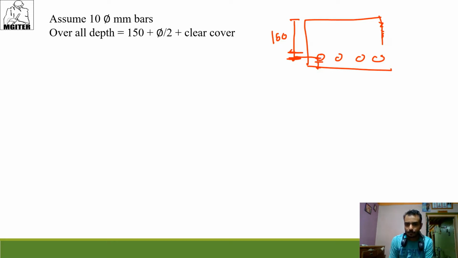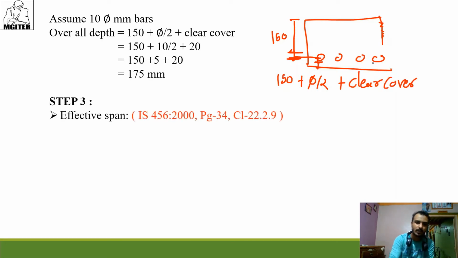So this happens: 150 plus 5 plus clear cover, okay? So our overall depth is 175 mm. We assume the clear cover is 20 mm, okay?